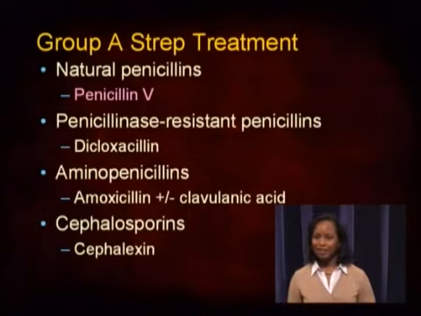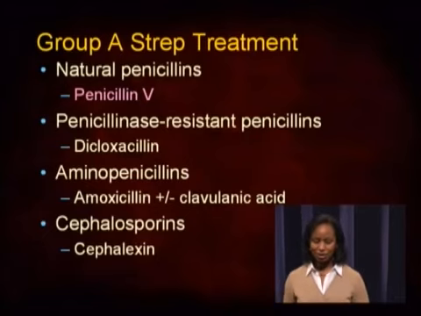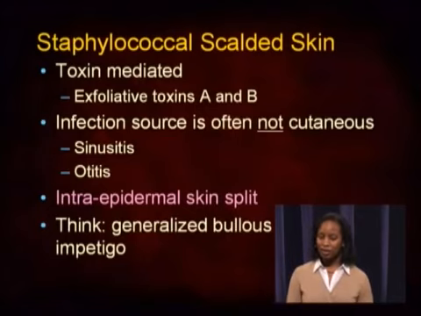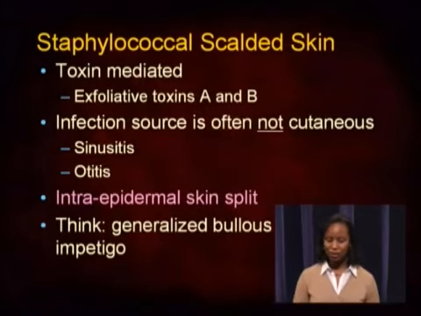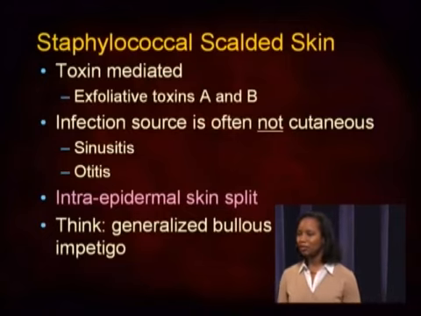So I'll leave the details of discussion for your infectious disease section, but suffice it to say, penicillin V is a good choice. Staph scalded skin is also toxin mediated, but it's mediated by the exfoliative toxins A and B of the staph organism, and usually this does not have a cutaneous source.